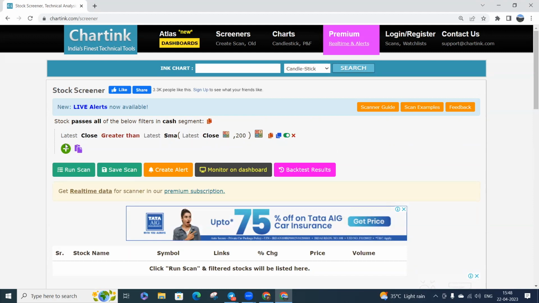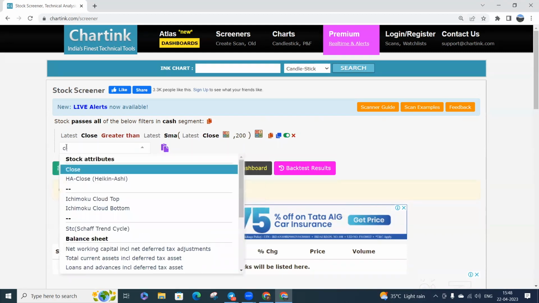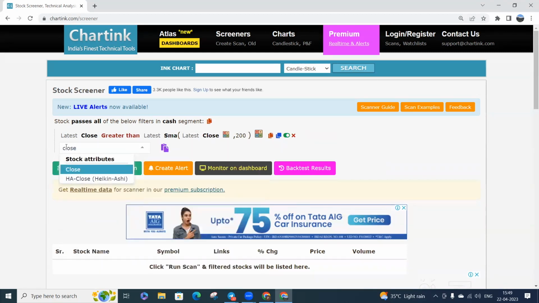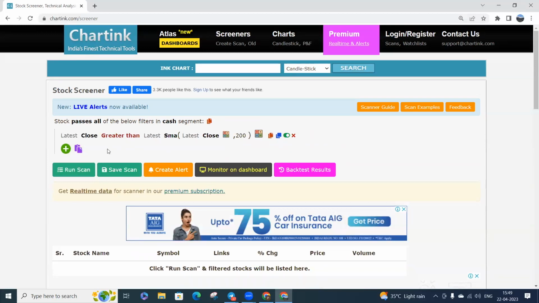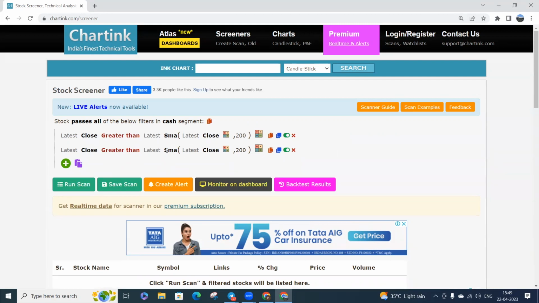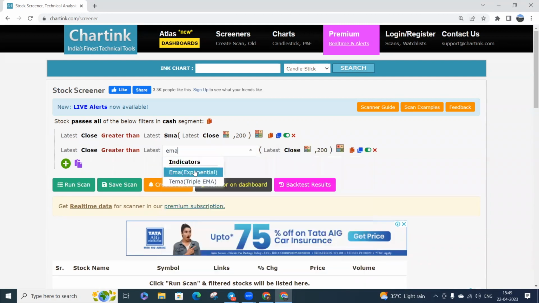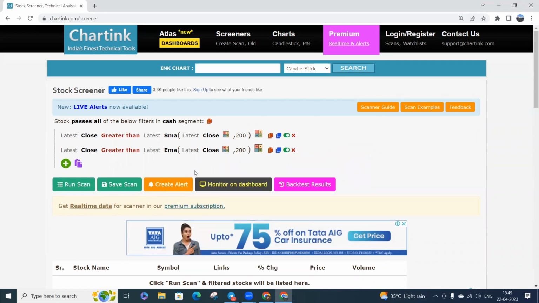Okay. So again, close. I think I can use SMA and also EMA. Okay, I'll do that. This is a duplicate filter. I'm going to change it to EMA. So the close should be greater than the latest SMA, which is close 200, and then close greater than EMA, which is close 200.